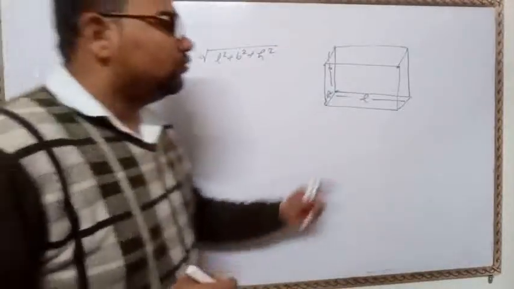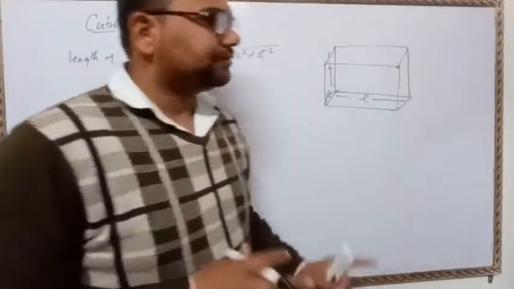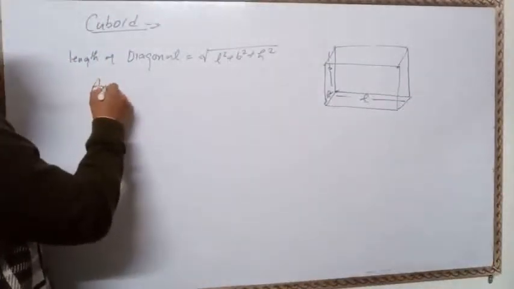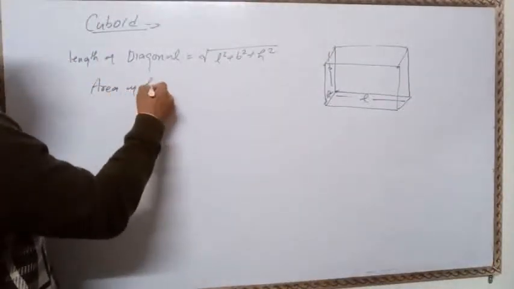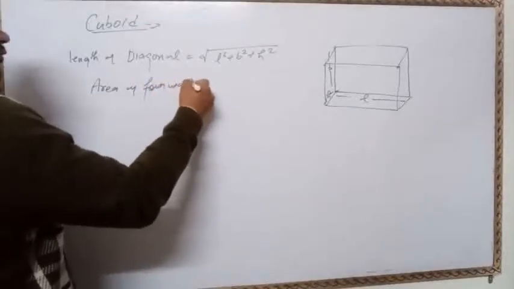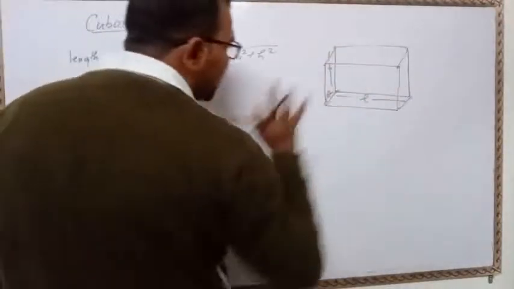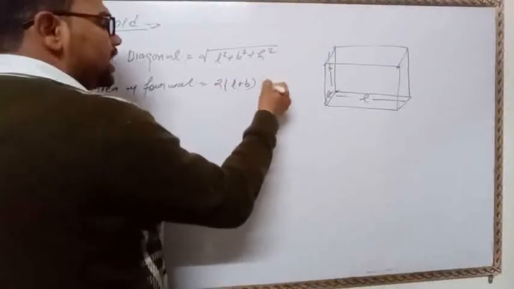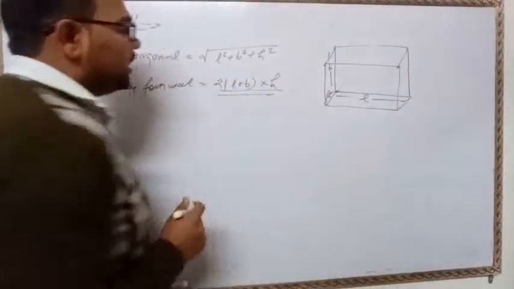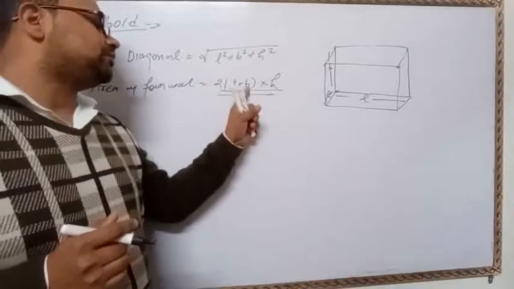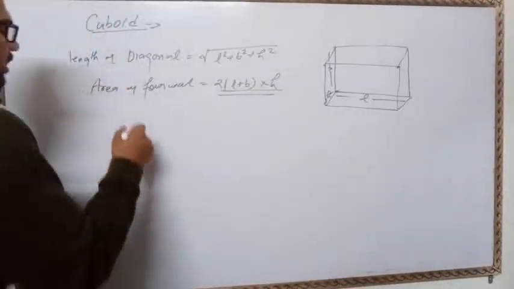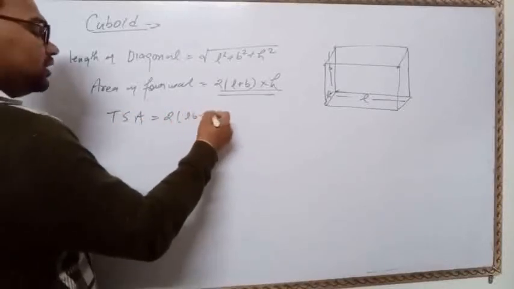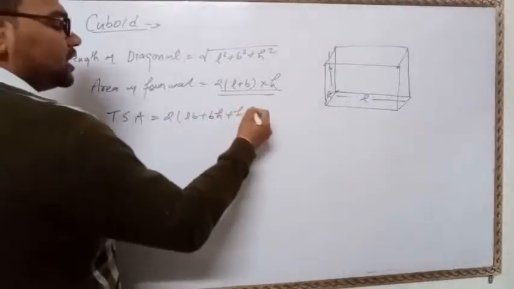Then we will study the area of four walls. Area of four walls means perimeter of base into height. Perimeter of base means 2 into (L plus B), so area of four walls is 2(L plus B) into H. Then TSA is 2(LB plus BH plus HL).